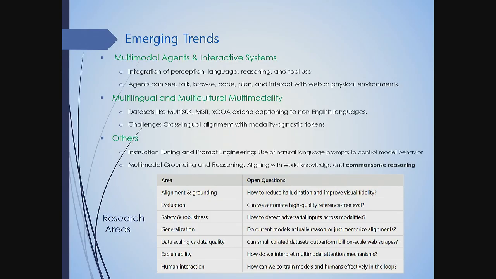It's the next generation. I saw many people also working on this, and there's also multilingual and multicultural modality, some cross-lingual alignment with modality. But you can see that GPT-4 already solved this problem.